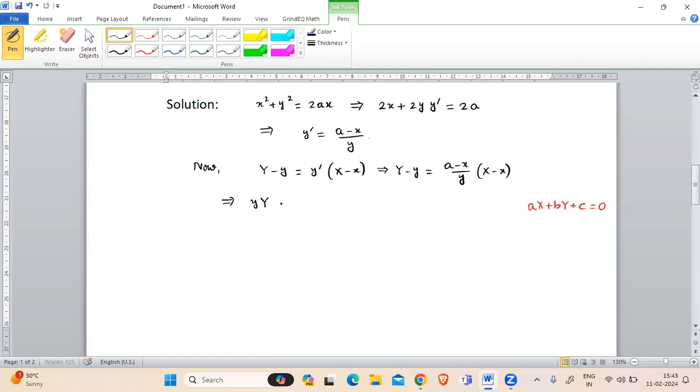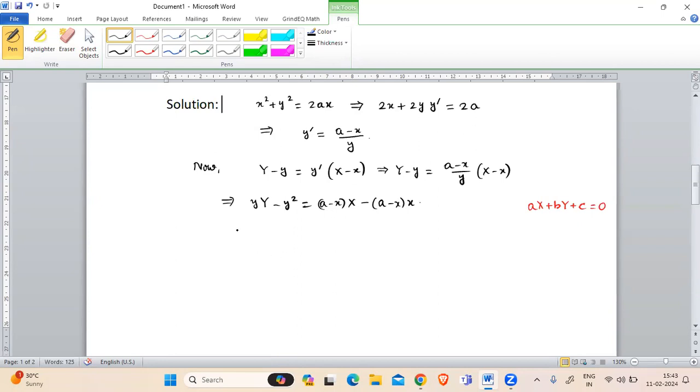y into capital Y minus y square, and multiplying this a minus x with these two terms will give us a minus x into capital X, minus of a minus x into x.